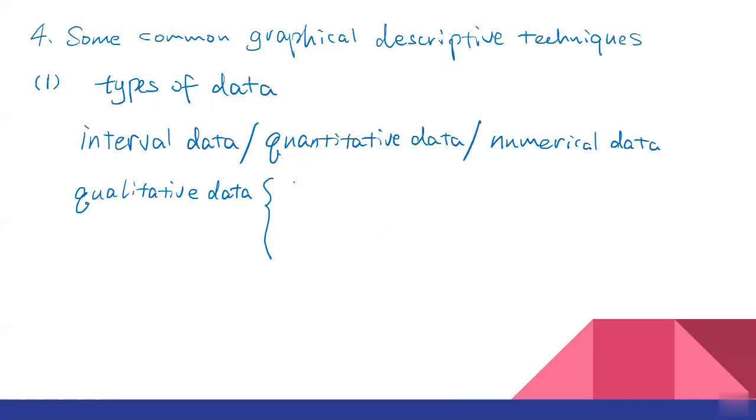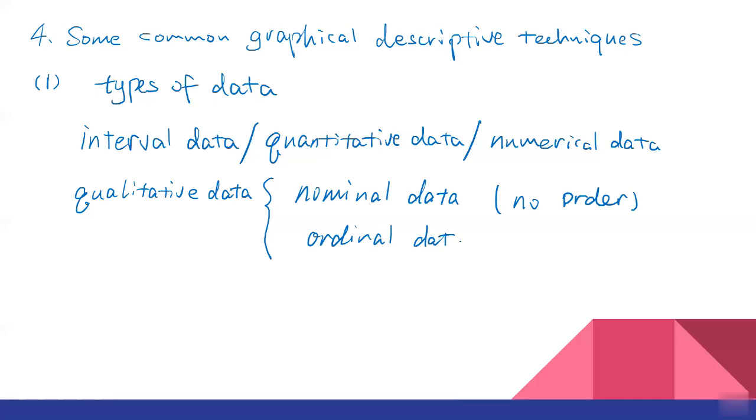One is called nominal data, which has no order. The other type is called ordinal data, which by name has order, right?